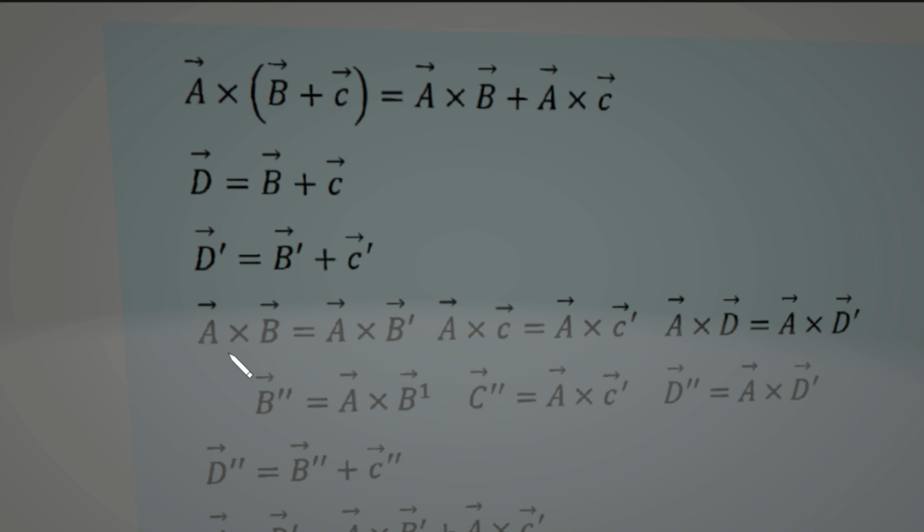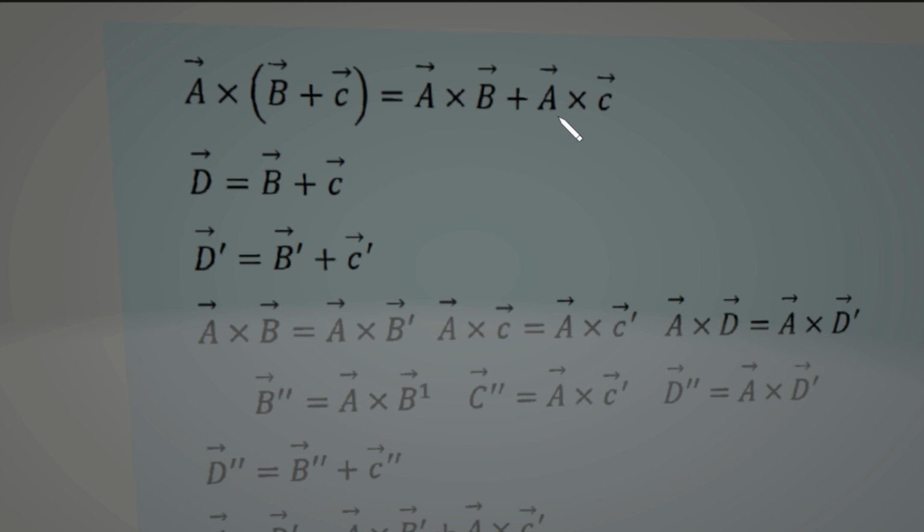The angle between A bar and B bar is taken as theta. The angle between B bar and a plane which is perpendicular to A bar is 90 minus theta. So the component of B bar along that plane is B prime bar. So we simply write A bar cross B bar is equivalent to A bar cross B prime bar.